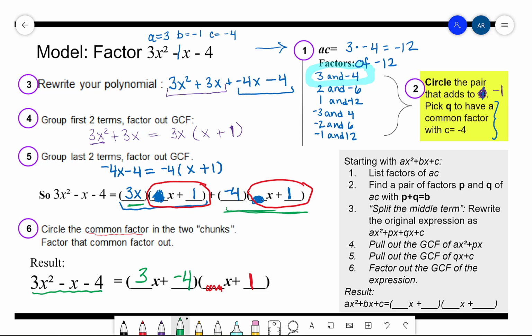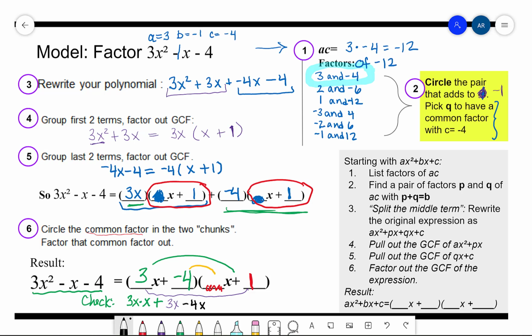Let's quickly check and make sure it FOILs out right. 3x times x, that's my firsts. Then I'm going to add the outside terms, so 3x times 1, which is 3x. And then I'm going to multiply the insides, negative 4 times x, so minus 4x.